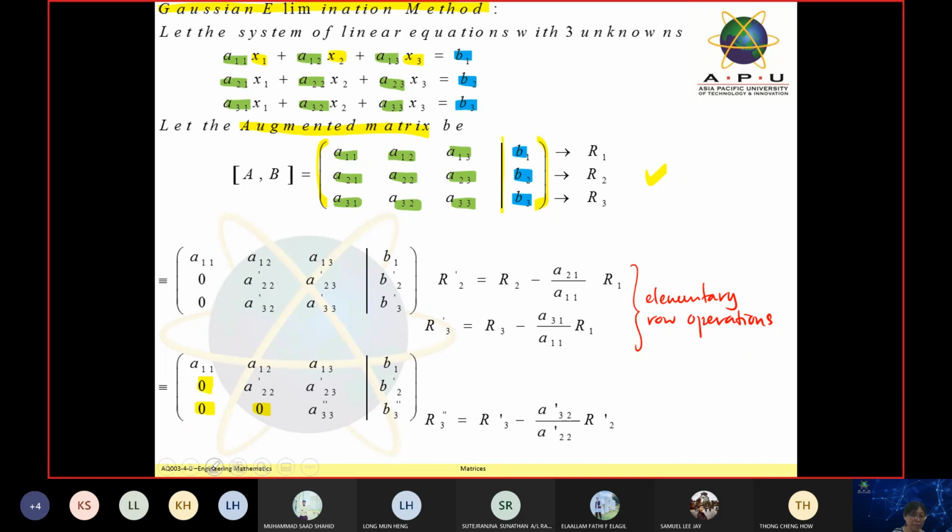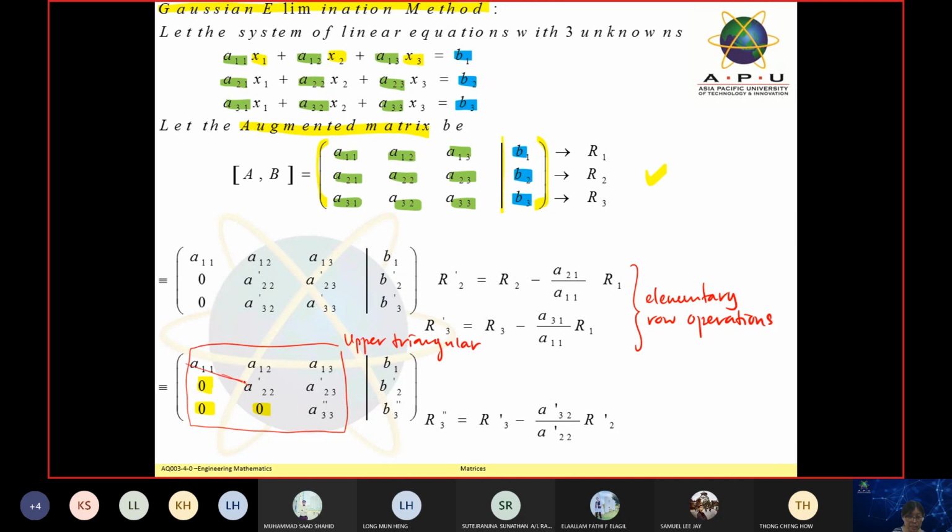And for this kind of matrix, with the 3 zeros below the diagonal entry, we call it upper triangular. The one that we learned earlier, upper triangular. That means you have 3 zeros below the diagonal entry.